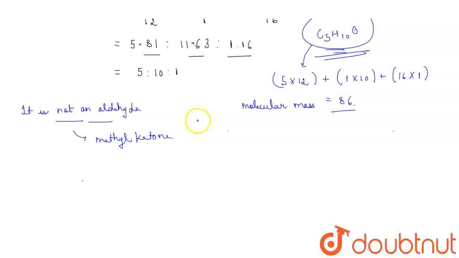Now it is also given in the question that the compound gives a mixture of ethanoic and propanoic acid. Clear?